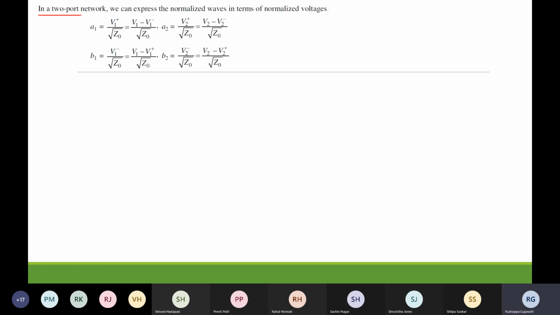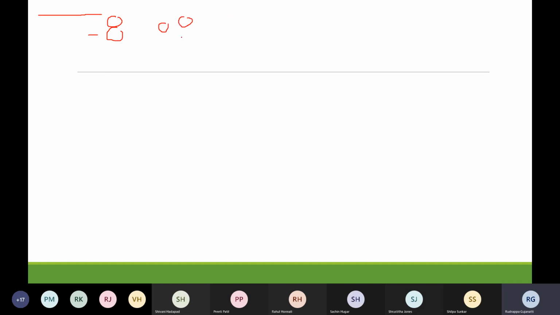When we represent the amplitudes for the two-port network, we can represent A1 as V1 plus, which indicates the incident voltage, divided by square root of Z0. And A2 is V2 plus divided by square root of Z0.